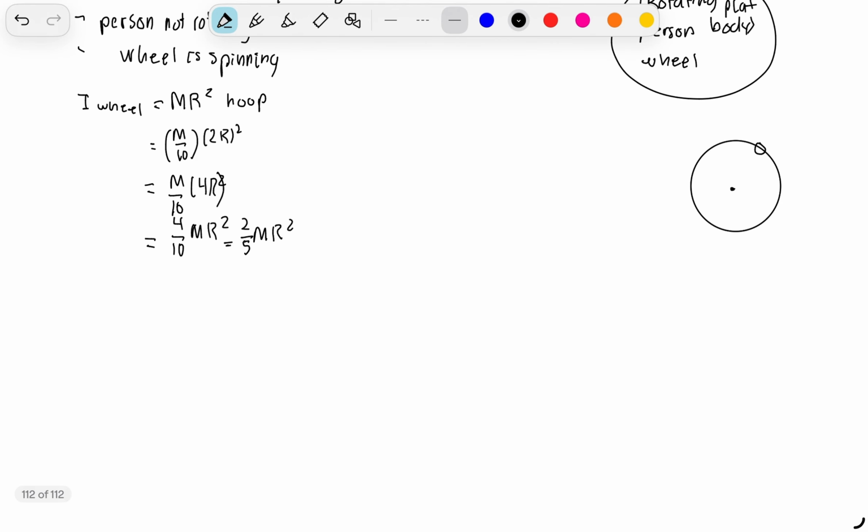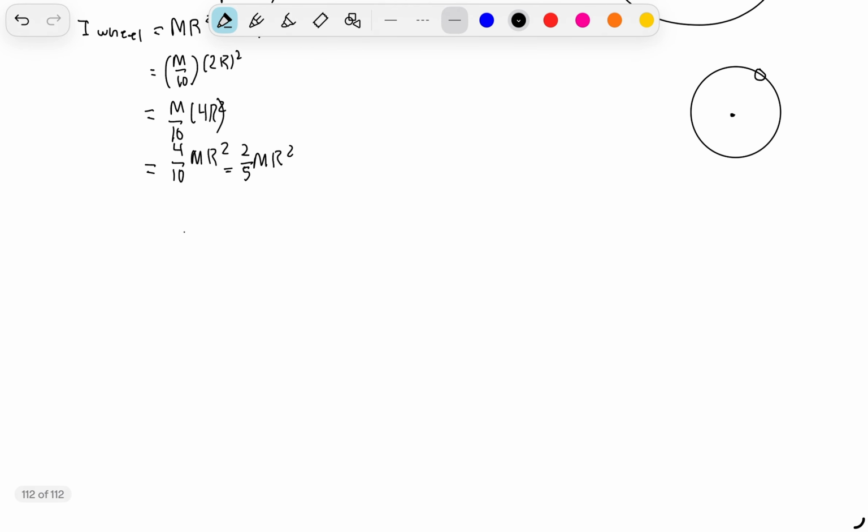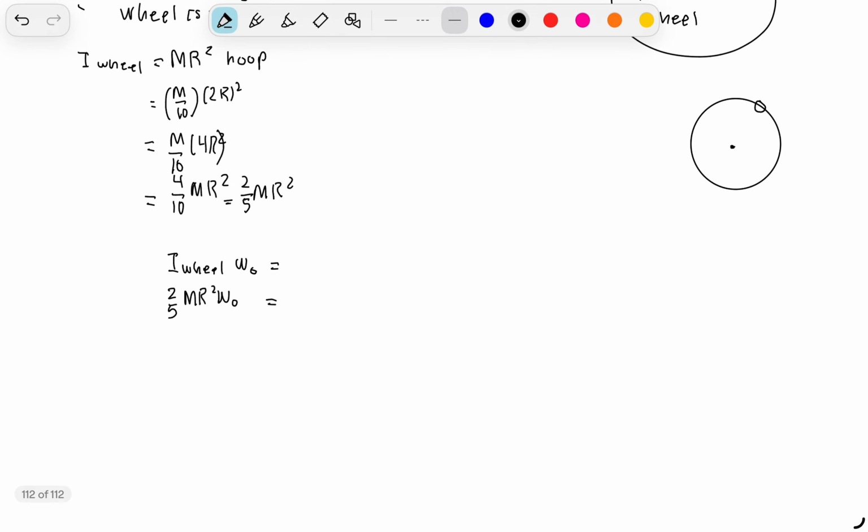Now, in order to find our initial angular momentum, we'll just set I wheel times omega initial, and that will just be 2 over 5 mr squared times omega initial. So this is our initial. Now, how do we find final?